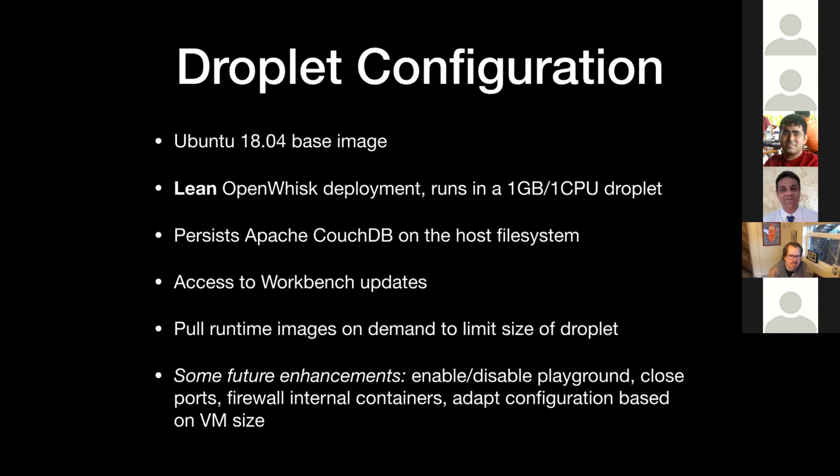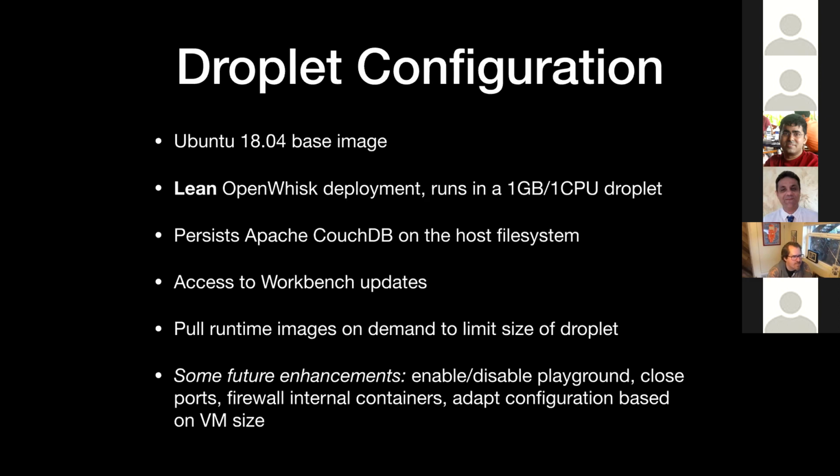With the droplet, the way I configured it, there's a script in there so that as we update the workbench, we can give you a new key and you can update the workbench and get new capabilities as we expose them or release them more widely.